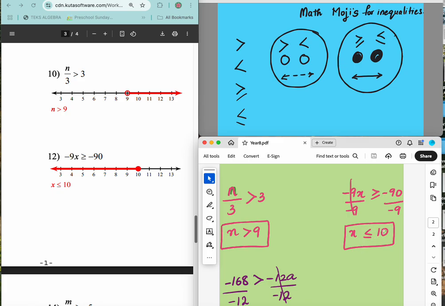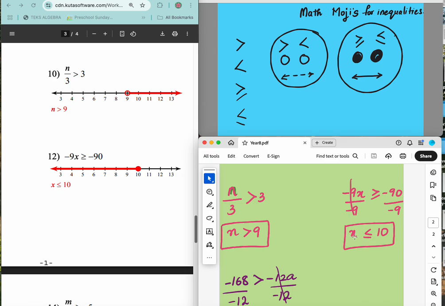The reason being, when you substitute the values, the original inequality has to make sense. So choose a number that is less than or equal to 10. That means 10 is included here. If you put negative 9 times 10, it is negative 90, so the equality matches.